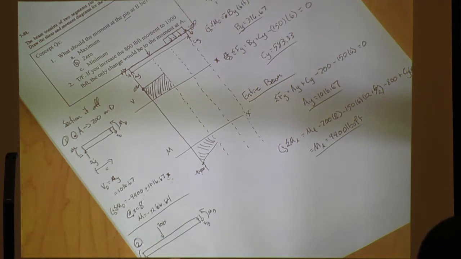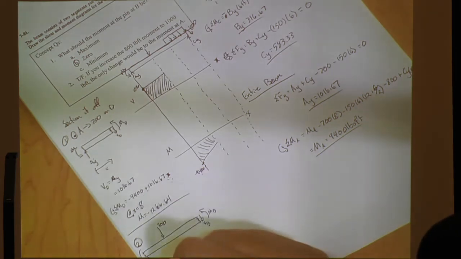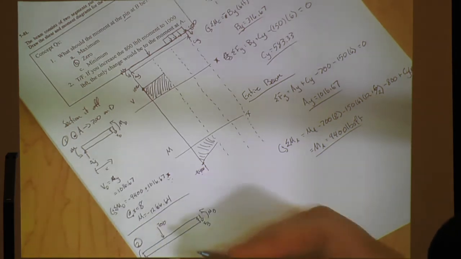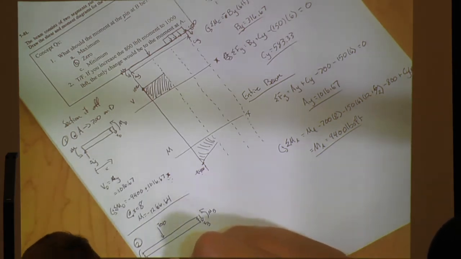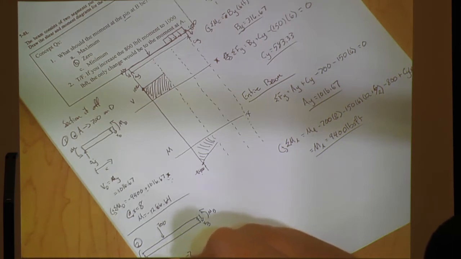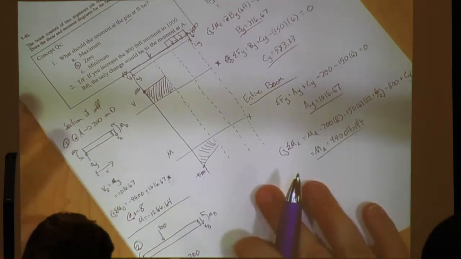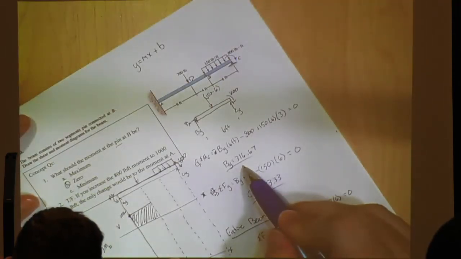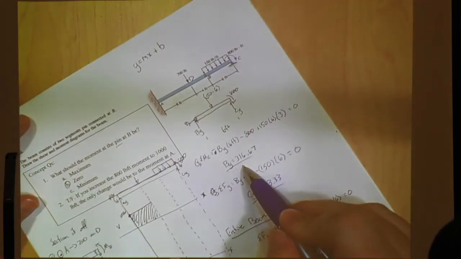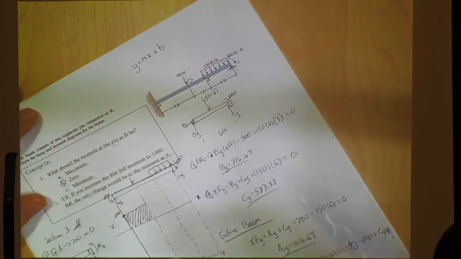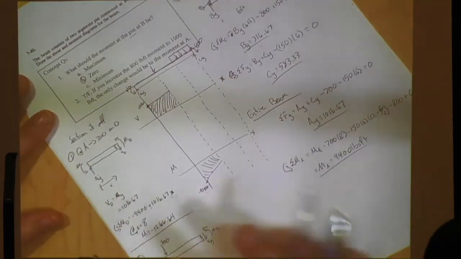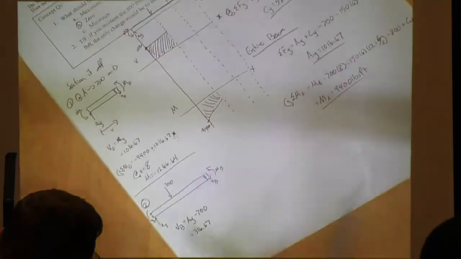So now our VB is going to equal AY minus 700, which is going to be 13.67, which just so happened to be what we calculated up here. So BY equals VB, just like over here.